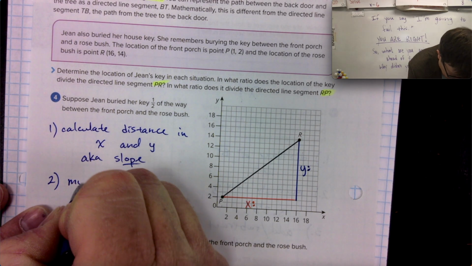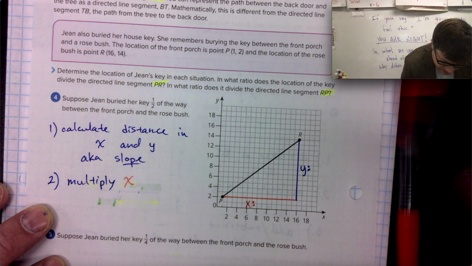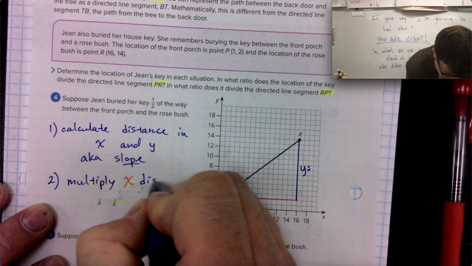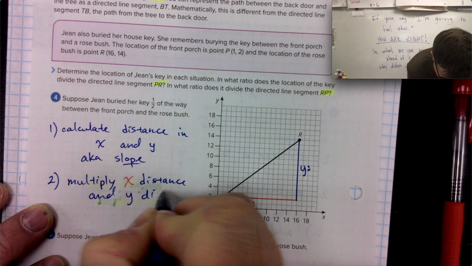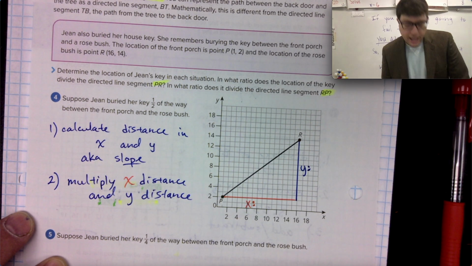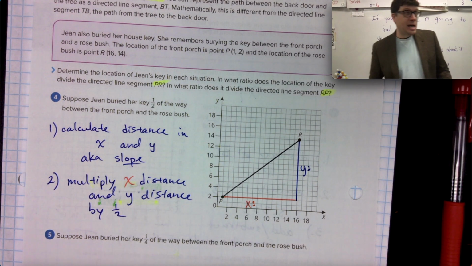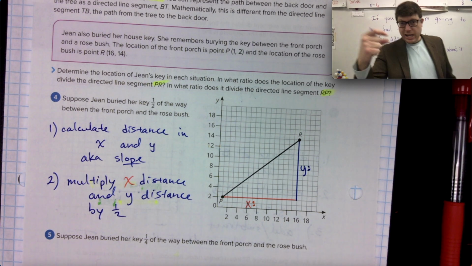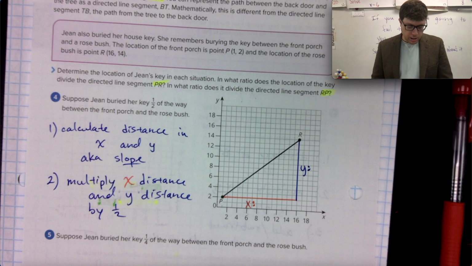So multiply the X distance and Y distance by a half. What that will do is tell us how many spaces we need to count from either endpoint to put a mark of where the key could be located.